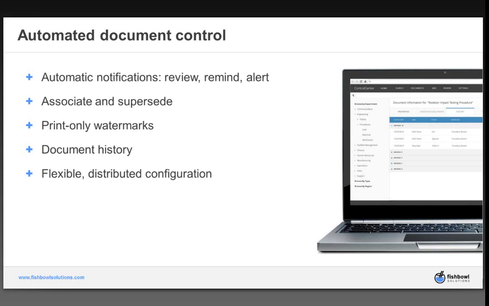And then making the configuration flexible and distributed. So a lot of the things you'll see in ControlCenter are fairly configurable. We put some effort into not only the user experience from an end user perspective, but the user experience for administrators and super users. So you can distribute that out to a quality manager or a business manager to have control over specific rules or custom messages that they want to display.